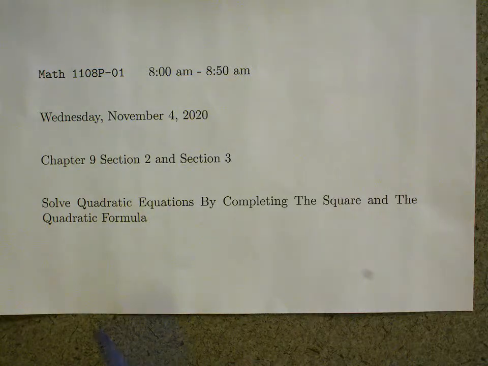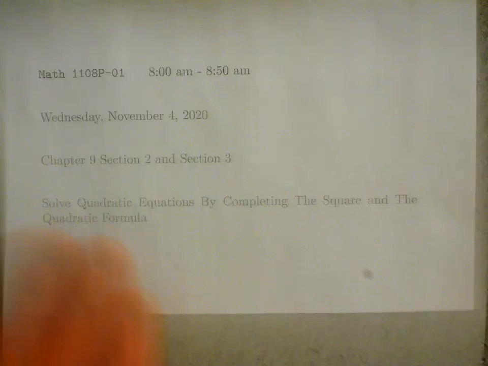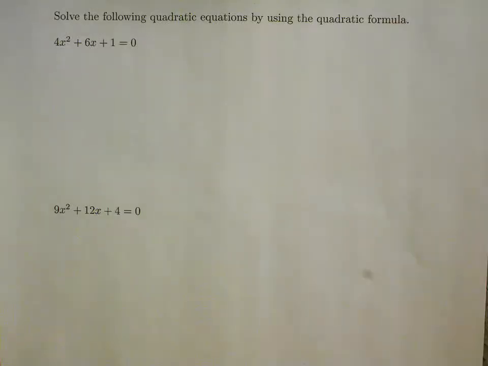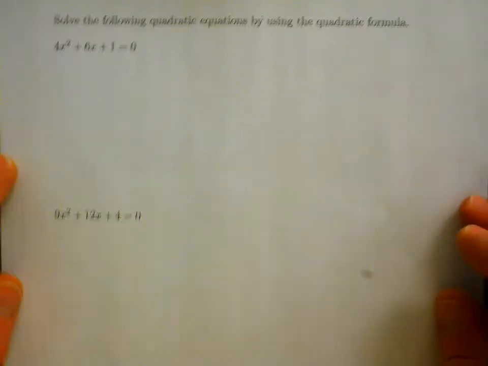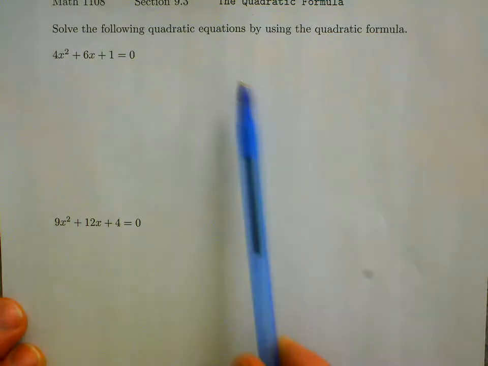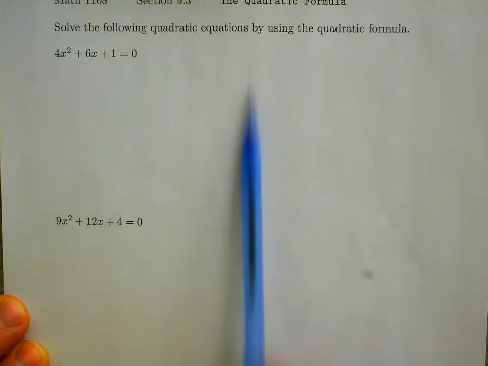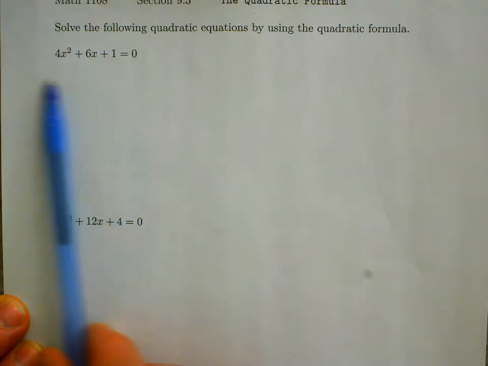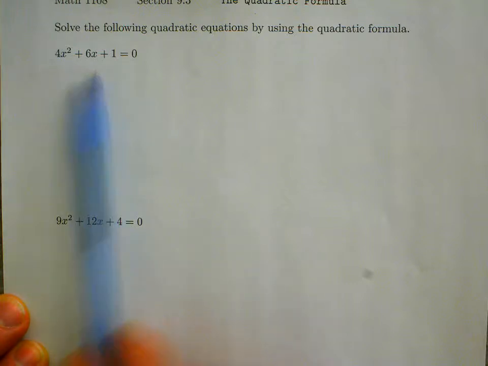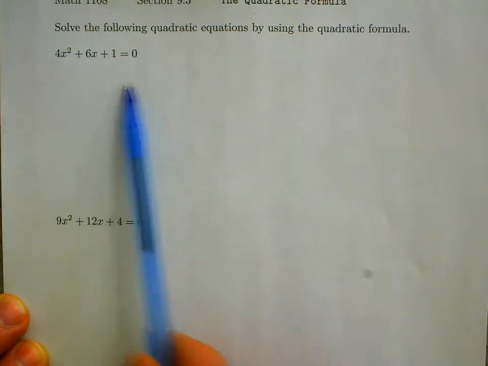Today we'll solve quadratic equations using the quadratic formula and completing the square. We'll pick up from where we left off yesterday. On the left part of the page, we'll solve the equation using the quadratic formula.